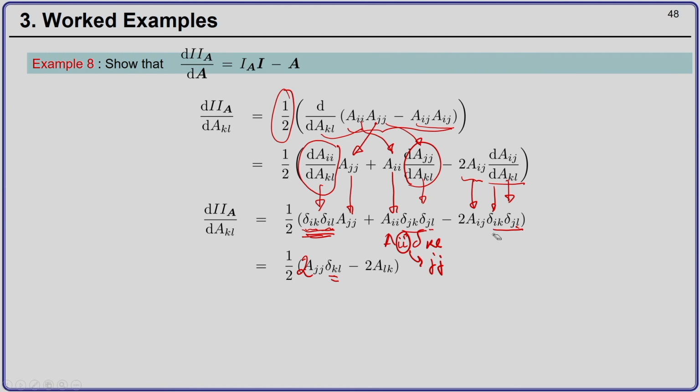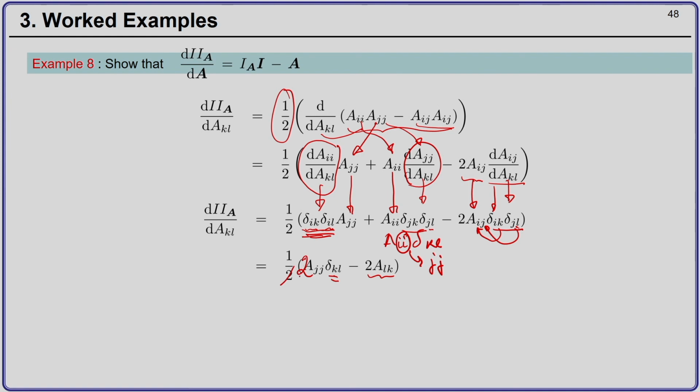They do not have any index which is common, but they will replace i here and j here. The first Kronecker delta will replace i with k, and the second Kronecker delta will replace j with l. So, that is what you will have, 2 Alk.